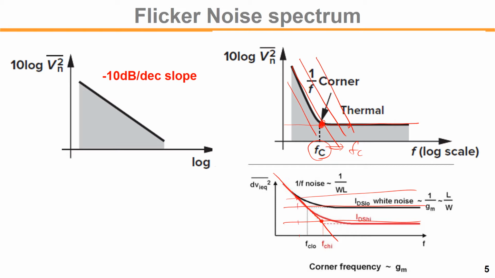So just specifying whether the flicker noise corner is large or small doesn't necessarily result in lower flicker noise, because the flicker noise corner can get smaller even for the same flicker noise if the thermal noise level is getting large. So you have to look at both thermal and flicker noise when you consider the noise.